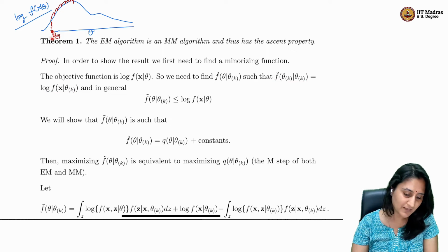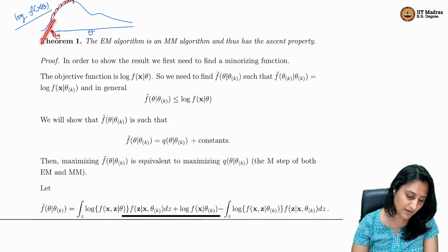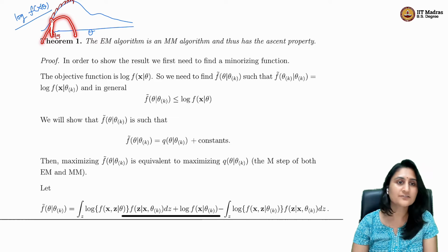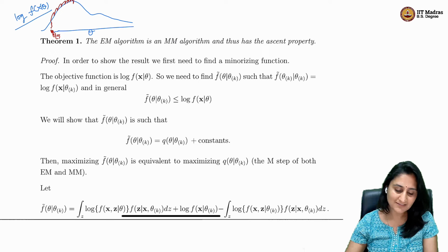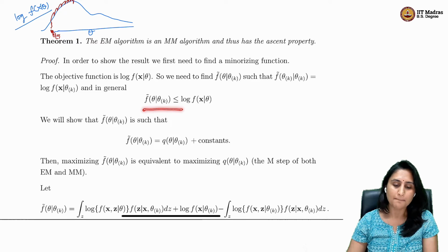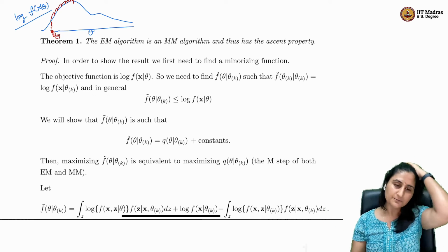As in, the minorizing function must agree with my objective function at the current value of theta, and everywhere else it should be bounded above by my objective function.